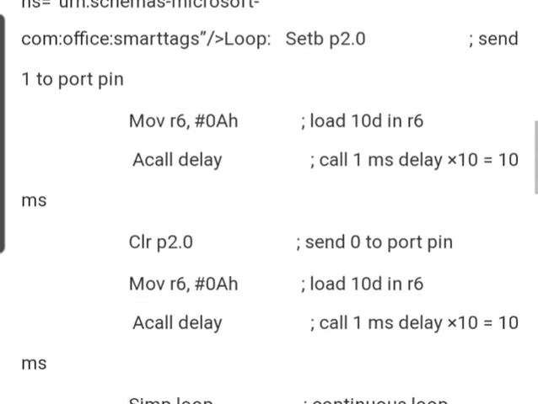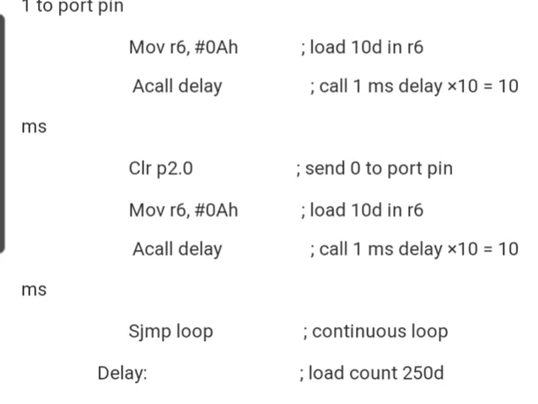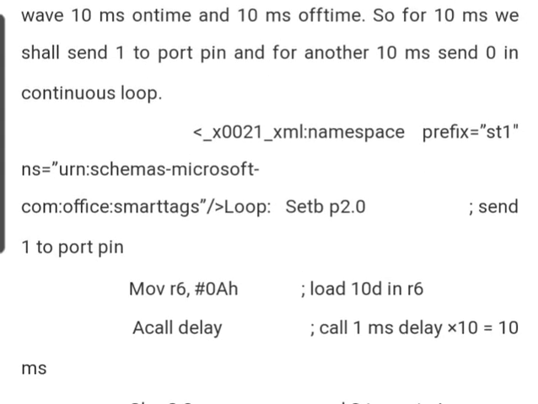So first load 10D in register R6, then call the 1 millisecond delay, then send 0 to the port 2 pin and load 10D in R6, then again call the delay, in a continuous loop, and so on.